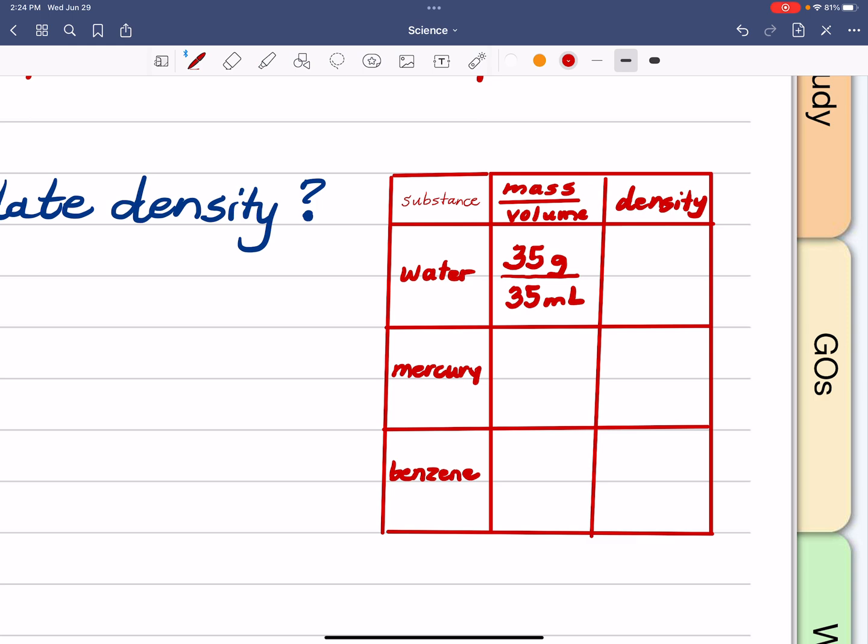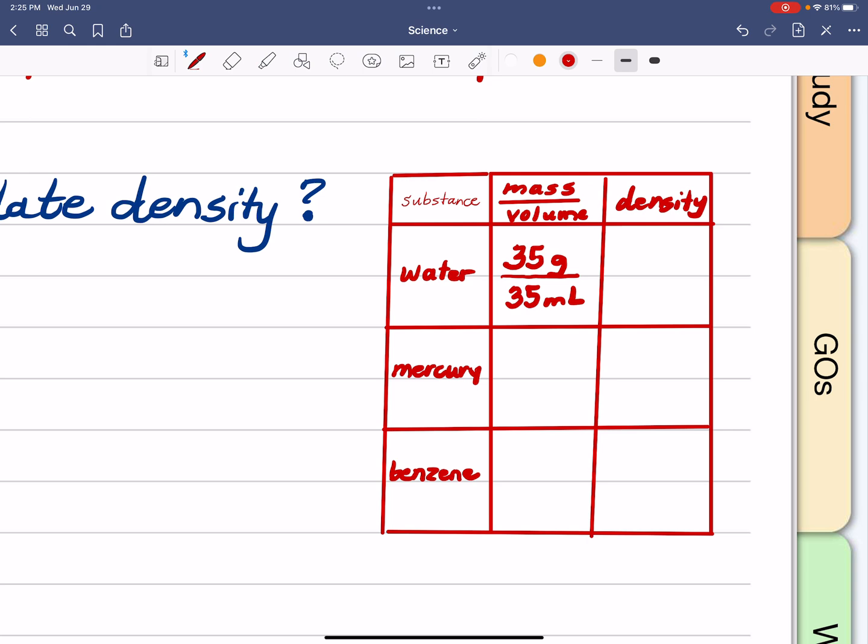So if you take 35 milliliters of water and put it in a test tube, it will weigh 35 grams. That's its mass. Let me not use the word weigh, because remember on the moon, it's going to weigh something less. On Earth, 35 milliliters of water weighs 35 grams. It has a mass of 35 grams.